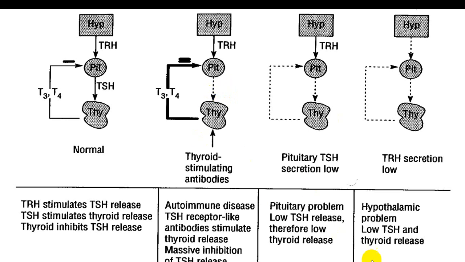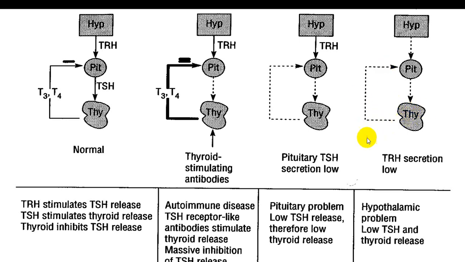As well as if there is a pituitary problem, so if there is a pituitary disease, no release of TSH, no production of T3 T4, hence you will have low TSH and low T3 T4. So this is called secondary hypothyroidism, low thyroid release. And if there is TRH which is not manufactured by the hypothalamus, which cannot stimulate the pituitary gland to manufacture TSH, and if TSH is not manufactured, the thyroid gland cannot manufacture T3 T4.